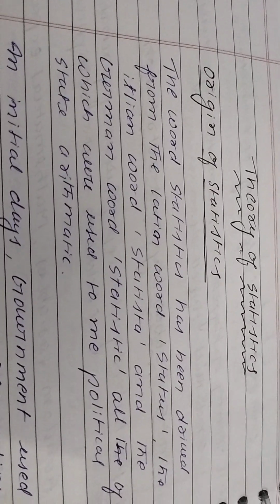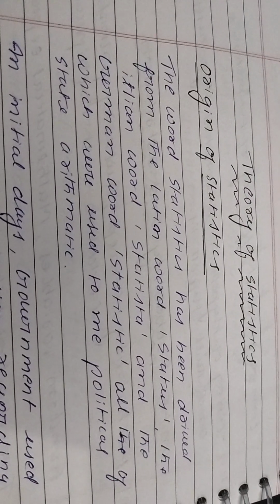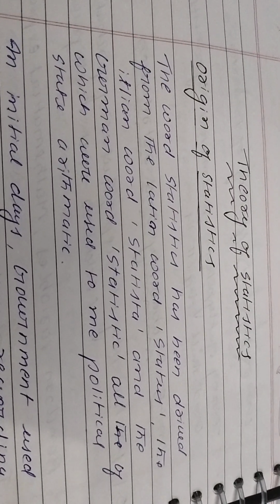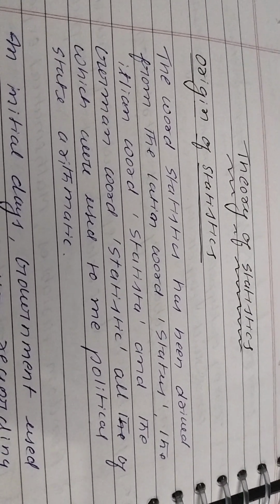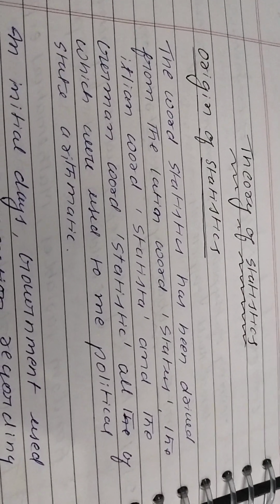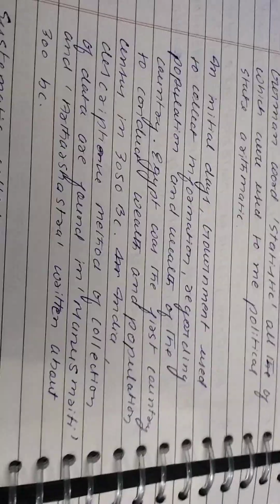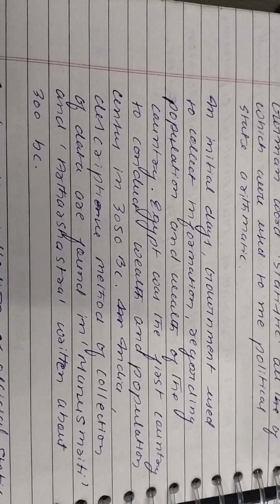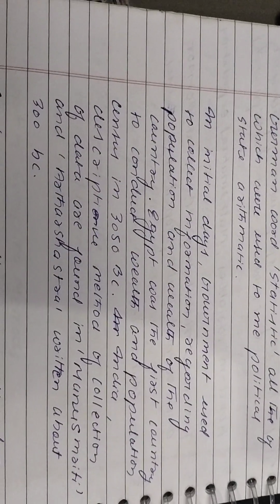Okay, so in the Latin word it is status, in the Italian word it is stata, and statistik in the German word. In the initial days, government used to collect information regarding the population and wealth of the country.